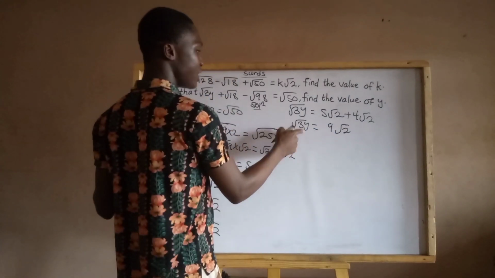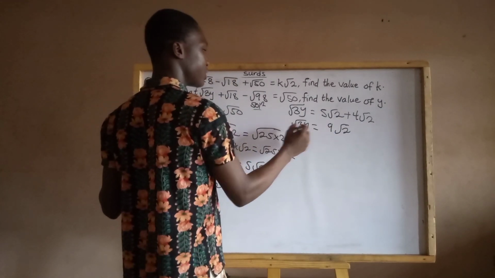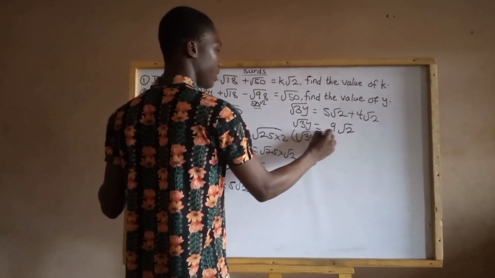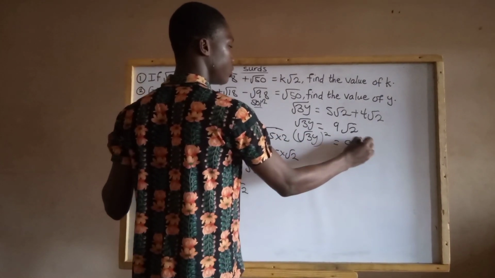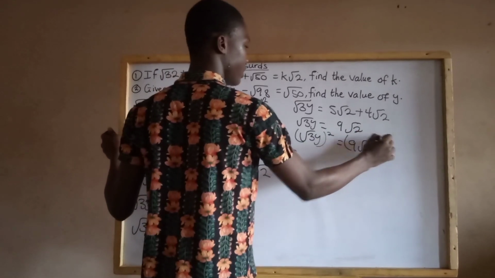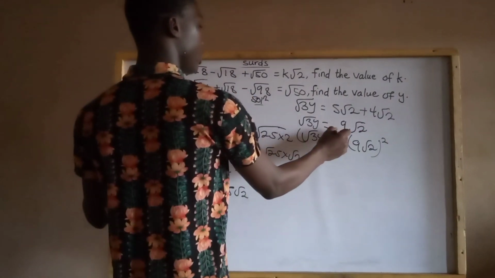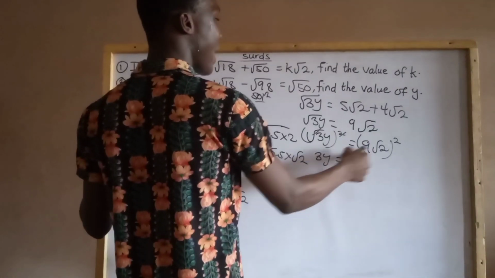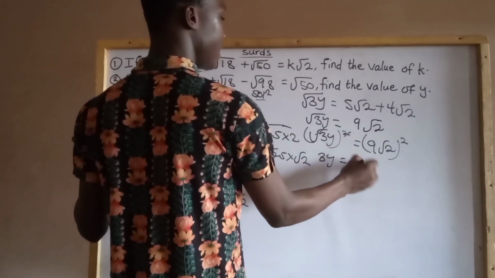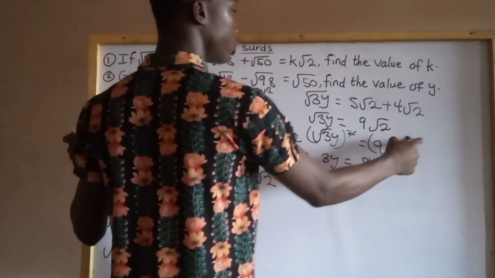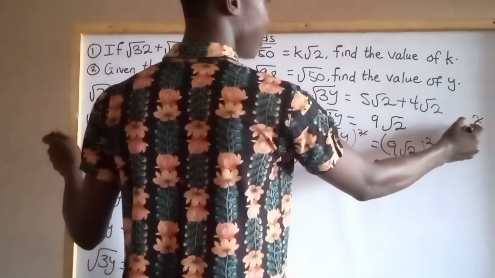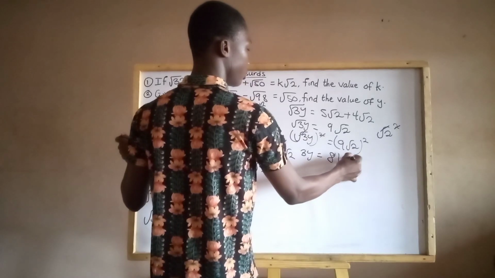So now since you want the value of y, you have to square both sides. So you have root of 3y squared is equal to 9 root 2 squared. The square cancels the square root. So we have 3y is equal to 9 squared is 81, and then root 2 squared, the square cancels the root to give us 2.